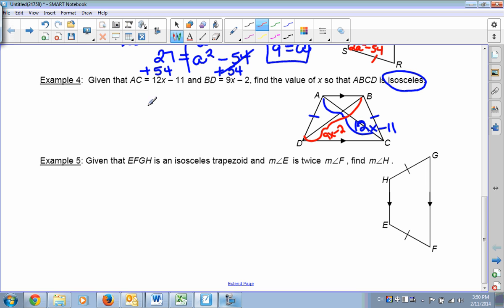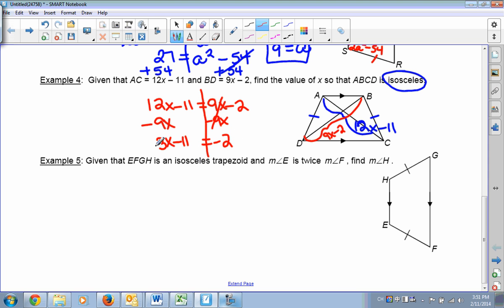So really, you're either setting something equal to each other or you're adding them together to equal 180. Okay. How will we solve for x here? Okay, baby to the mama, subtract the 9x. Good.